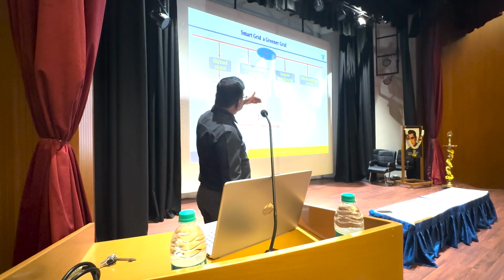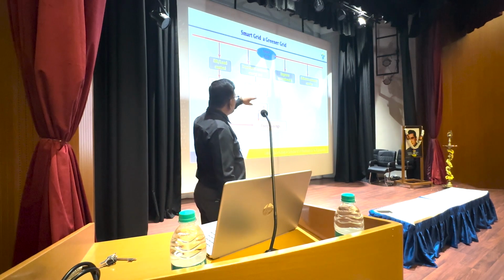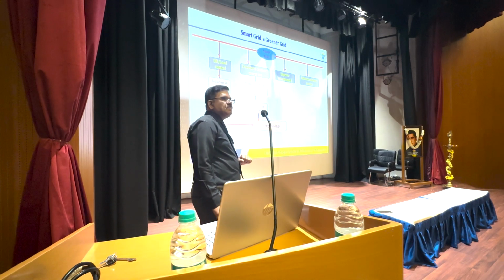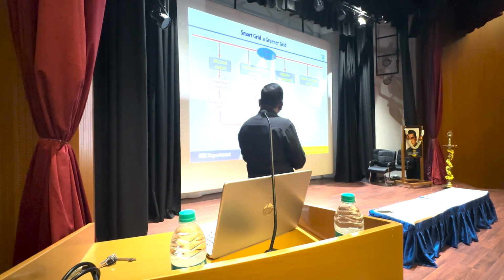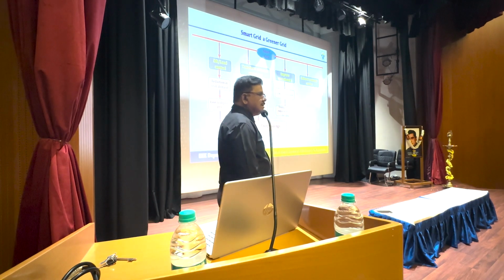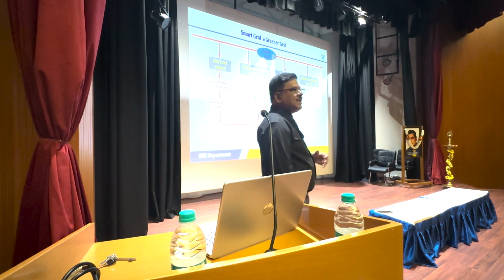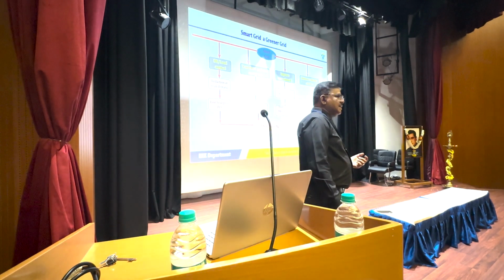Then improve operational efficiency. Smart grid will improve operational efficiency. What does it mean? It means losses are reduced here. So line losses are reduced, and transportation is reduced through the AMR. AMR means automatic meter reading.